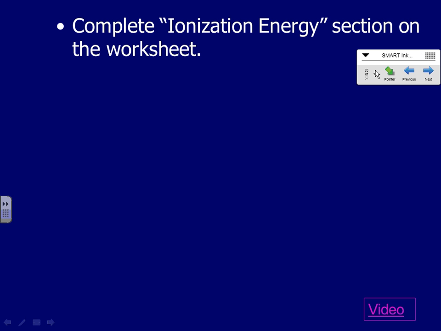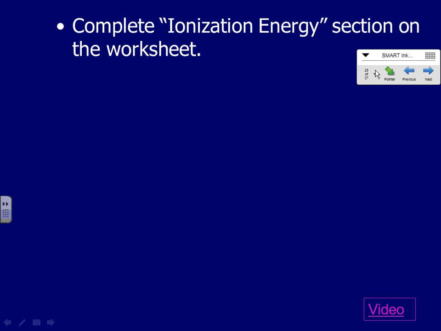You can now do the sheet, and I do have one more thing to talk about. I apologize. I have to talk about metallic character, but it won't take long. Yes, you can have this one in a moment. You're going to be writing something for metallic character. It's just one slide. You now can do ionization energy and multiple ionization energies.